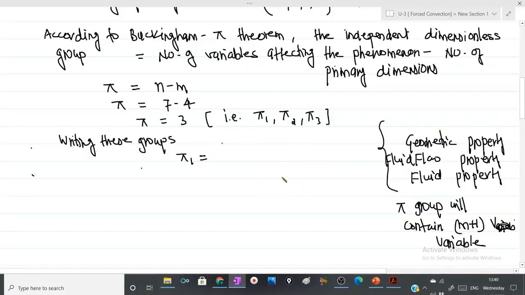So writing the equation for pi term, diameter is taken as geometrical property, density as fluid property, dynamic viscosity as fluid flow property, and once again thermal conductivity of fluid as fluid property, and finally the selected variable is luminosity.